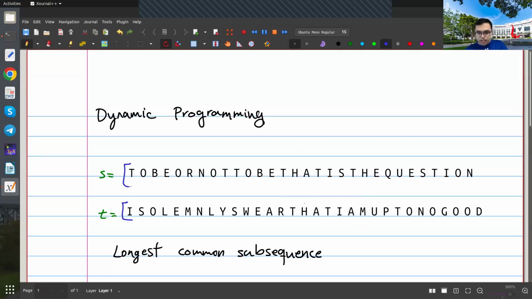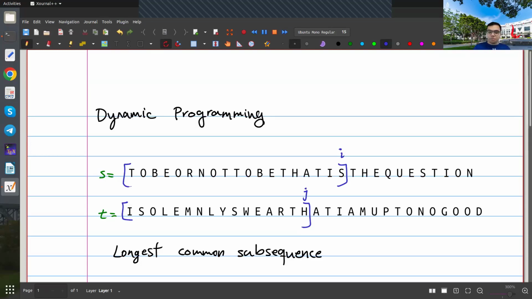So let's say this is my j, so the last character here is an h, and let's say this is my i, so the last character here is an s. Okay. My last characters don't match, so I can have at most one of them in my solution, right? Maybe I don't have any of them in my solution, but in any case, I cannot have both of them in the solution.